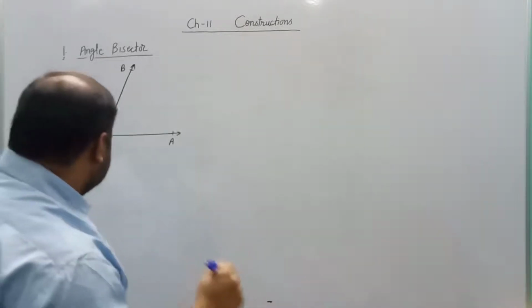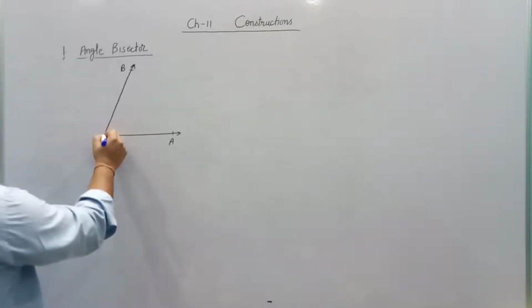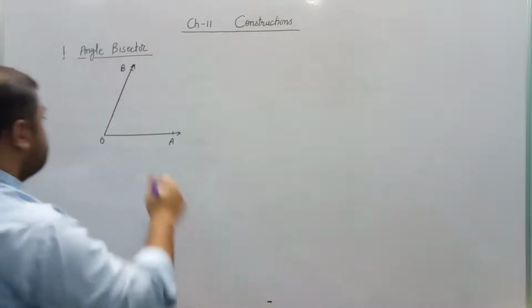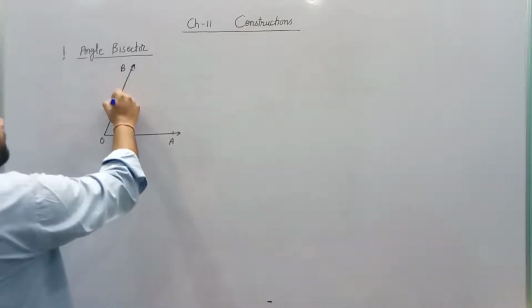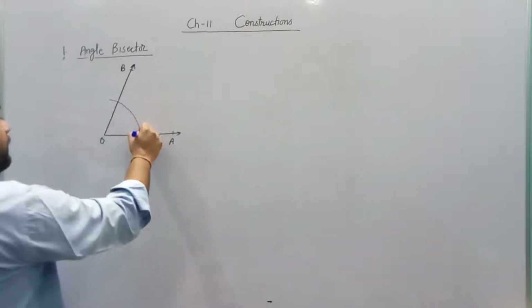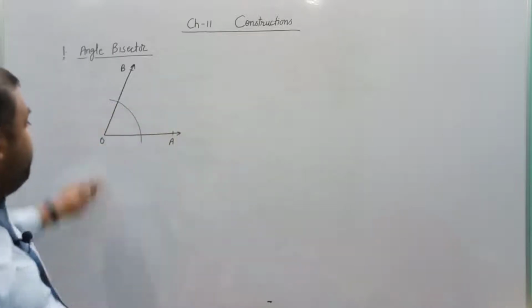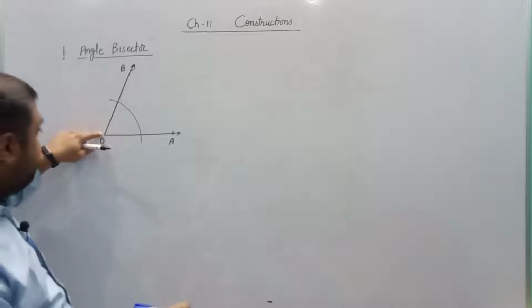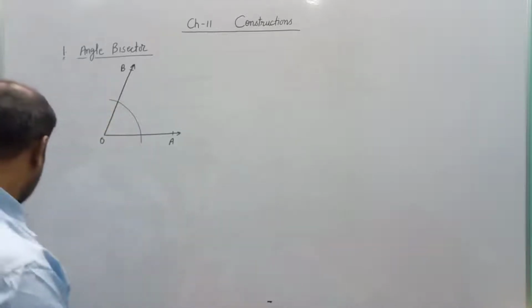So we take a compass, taking O as center, and with any radius draw an arc.